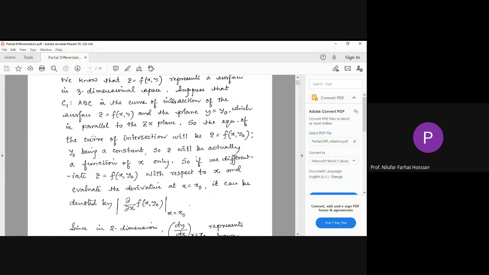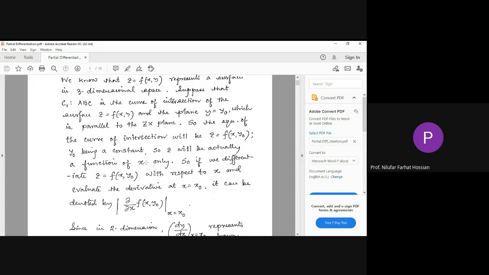So the equation of the curve of intersection will be z equal to f of x, y naught, because this was the equation of the surface. If you put y equal to y naught, that means y becomes a constant, so there is only one variable x. So z equal to f of x. This is a curve on the zx plane.